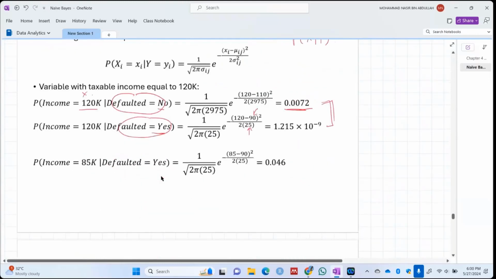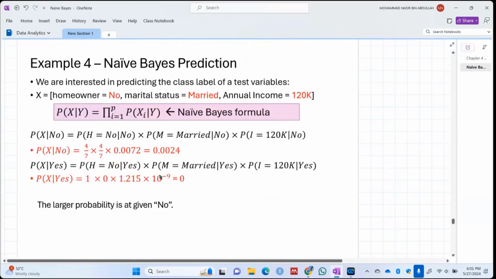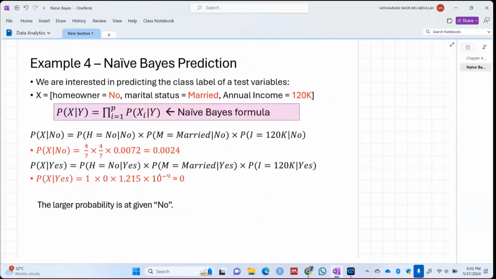Now let's say we want to predict X: homeowner equal to no, marital status married, annual income equal to 120K. What is the classification of Y? Whether it's a default borrower or no default borrower.